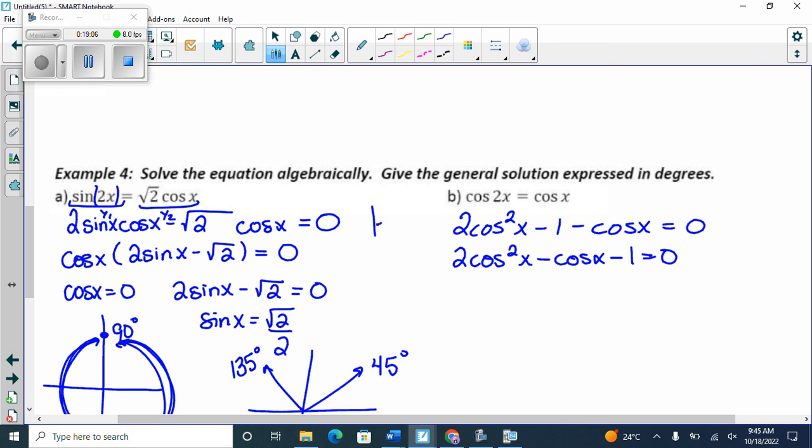And you can either work with the cos x's, some people are okay with that, or some people like replacing it with m. Whatever you do correctly, you do. So 2m squared minus m minus 1 equals 0. And then 2m squared multiplies to me negative 2 and adds to me negative 1. Negative 2m, positive 1m.